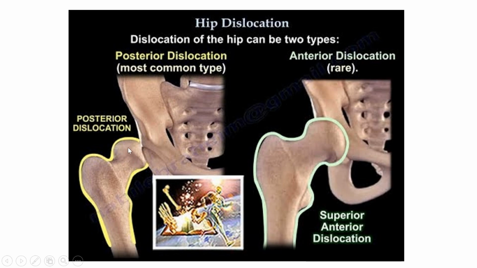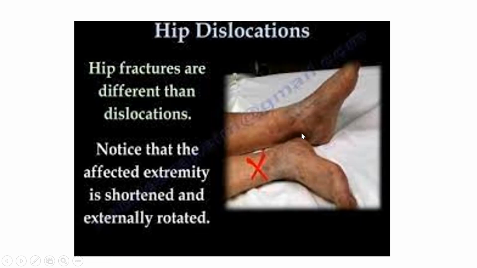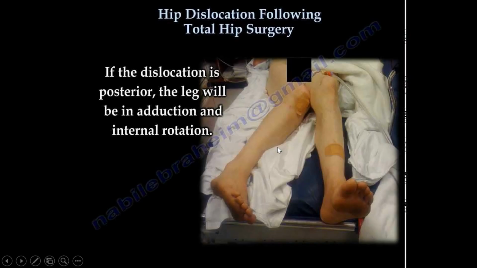As a result, the muscles and skin supplied by the sciatic nerve are also paralyzed, or cutaneous innervation is lost. In case of posterior dislocation, the thigh is adducted and medially rotated.